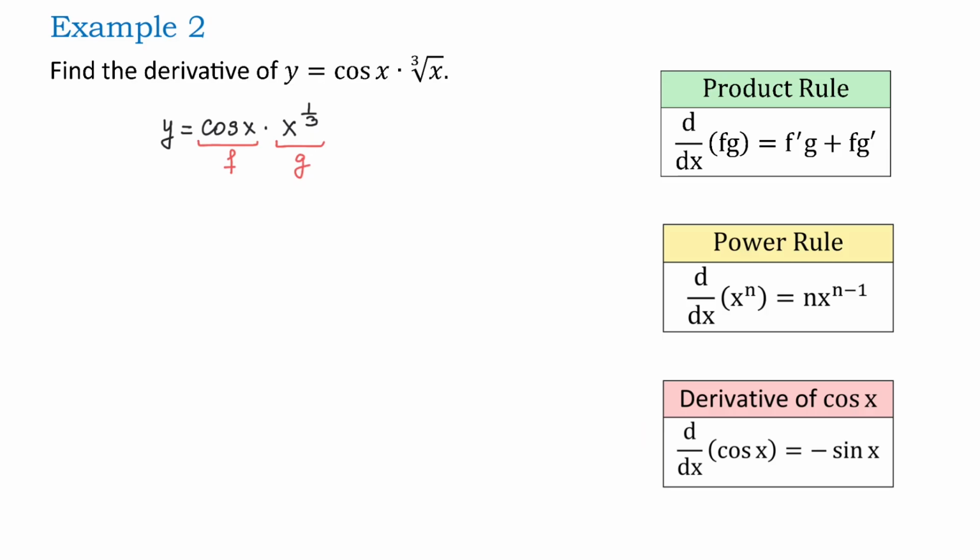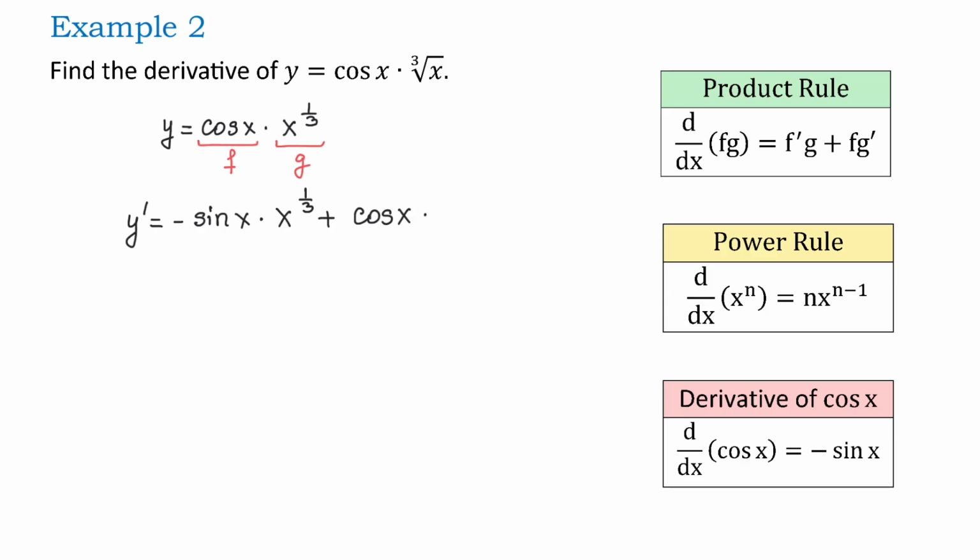And now to apply the product rule, we will also need the power rule and the derivative of the cosine function. So then y prime equals, and first we will need f prime g, and the derivative of cosine is negative sine. So we will write negative sine of x times x to the 1/3 plus, and now we need f g prime. So we will bring down cosine of x and take the derivative of x to the 1/3.